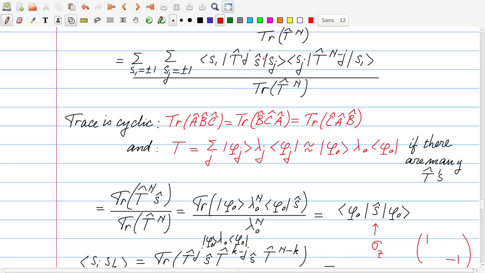And so it's a product of many operators, and I can put those operators in front of this expression, because that's a cyclic permutation of the operators.